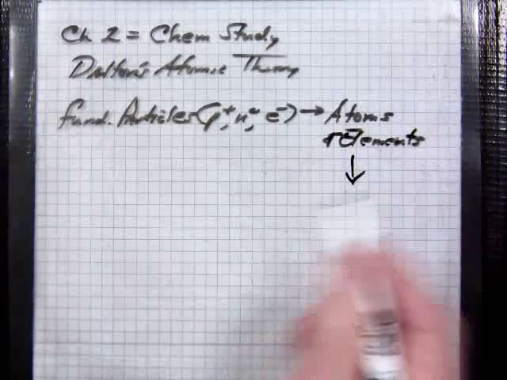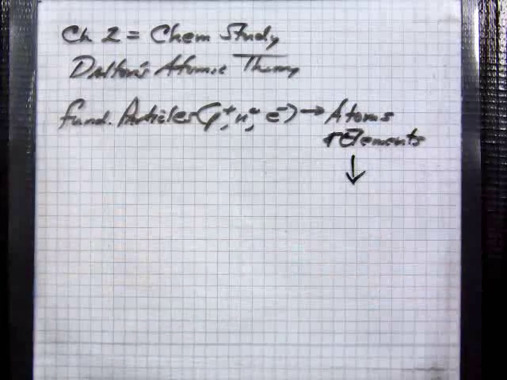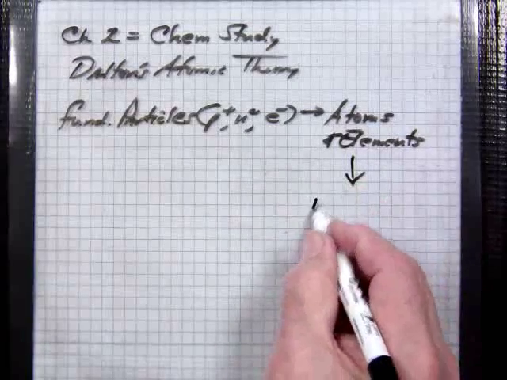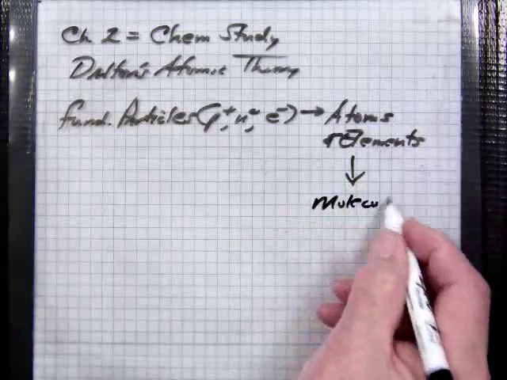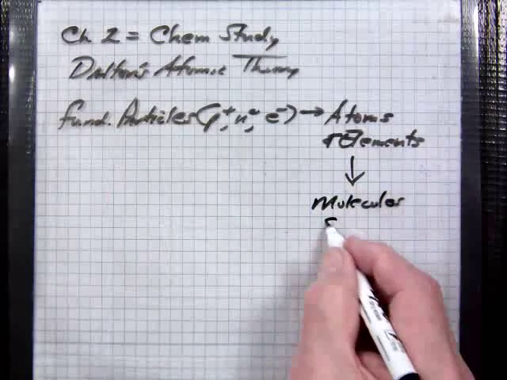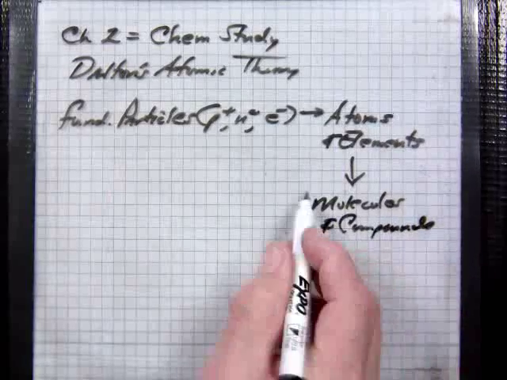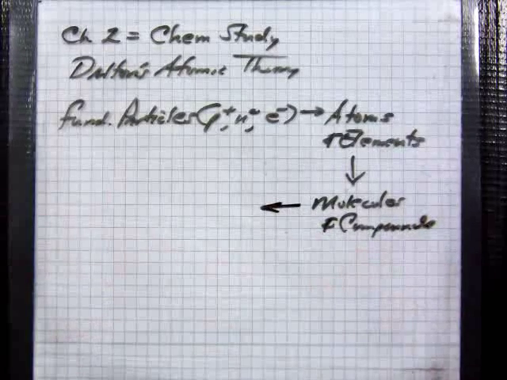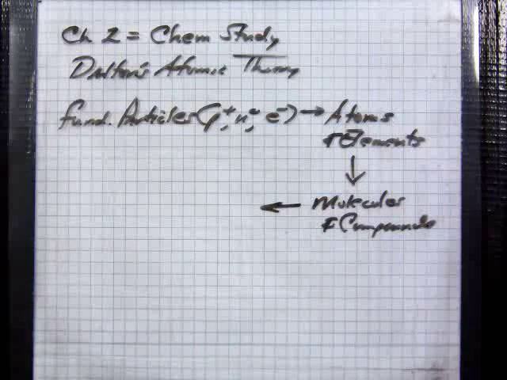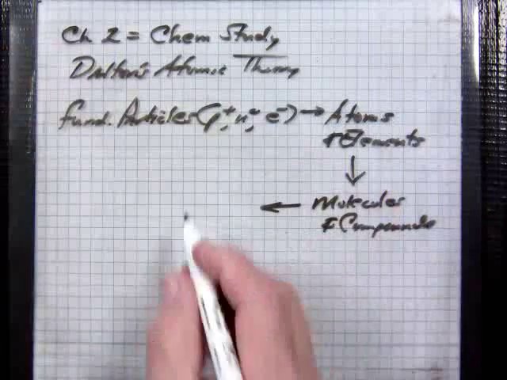And atoms and elements then go together to make molecules and compounds. Then molecules interact with other molecules, or molecules and elements interact through chemical reactions.